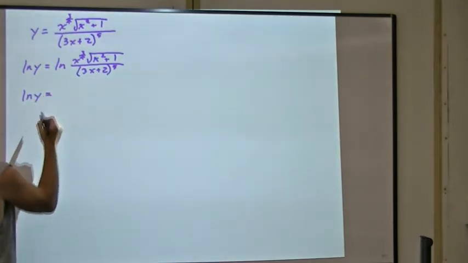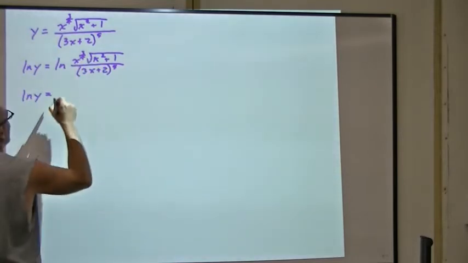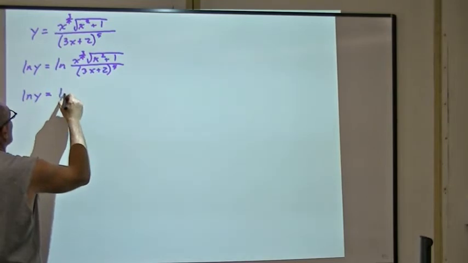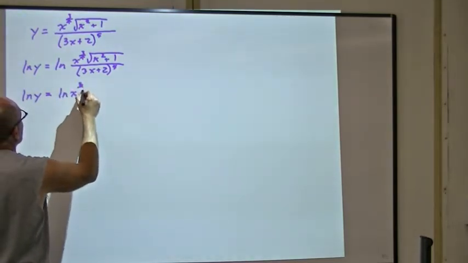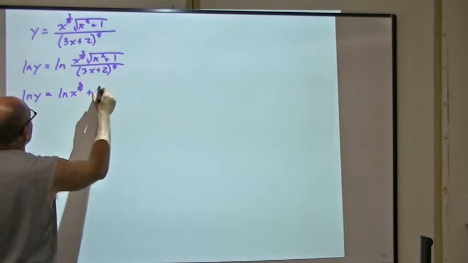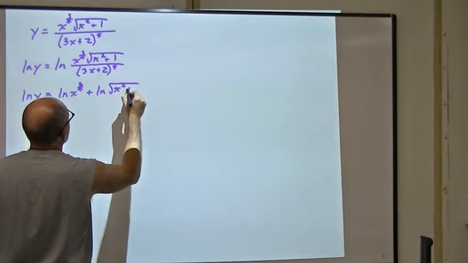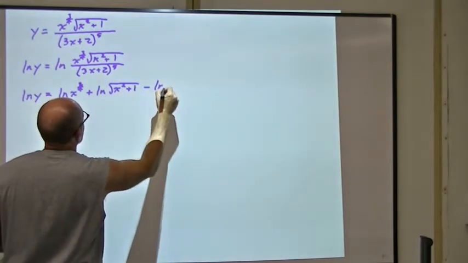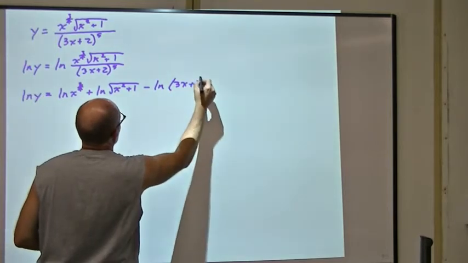So we go natural log y equals natural log of this fraction. That means we've got natural log of x to the 3/4 plus natural log of the square root of x squared plus 1 minus natural log of 3x plus 2 to the 5th.